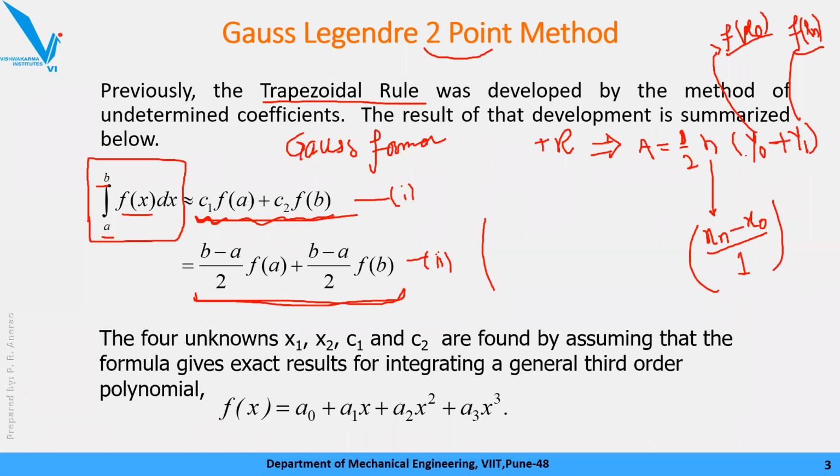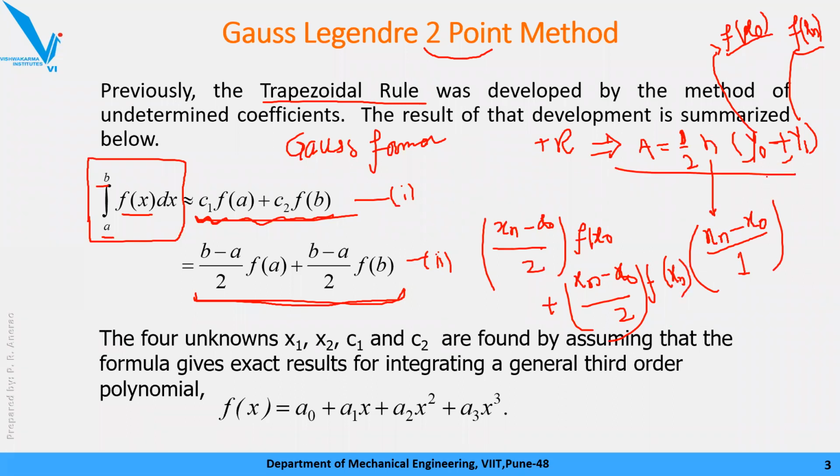Then I am also multiplying with y0 and y1. So I am going to get (xn minus x0) divided by 2 into f of x0 plus (xn minus x0) divided by 2 into f of xn.